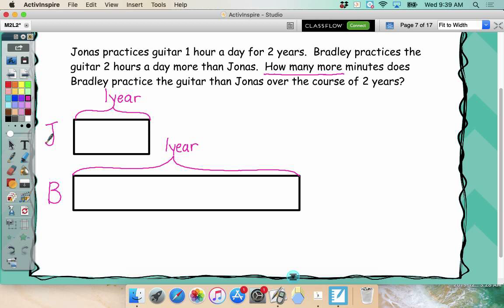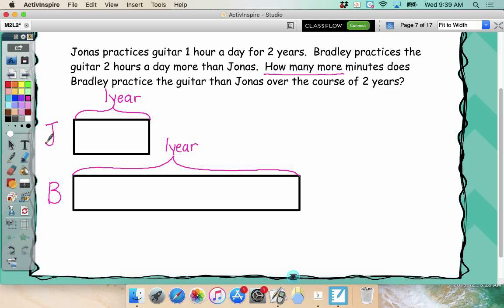Let me read this again. Jonas practices the guitar 1 hour a day. So how could I figure out how many hours he practices in a year? Multiply. What are you going to multiply?